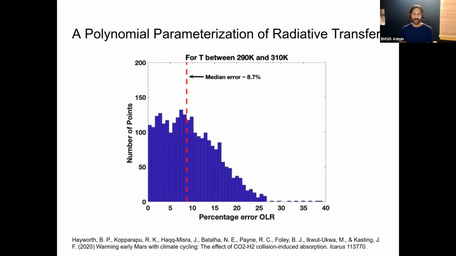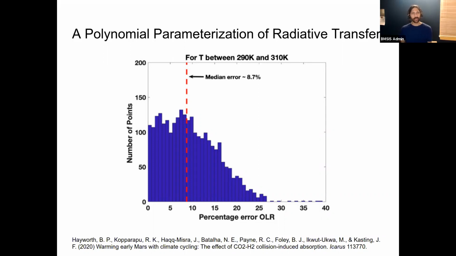But you can see the error can extend out to 25%, and for some small numbers of points in this polynomial, your error can extend to 35 or even up to 40% for a small number of cases. So this is fine. It is very fast to do a polynomial like this, but there is some sacrifice in terms of the accuracy you can expect.